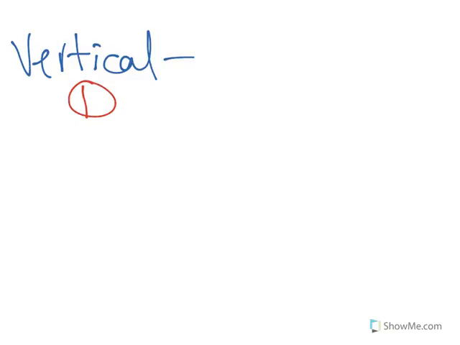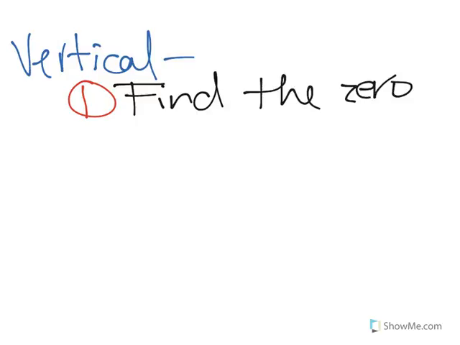A vertical asymptote is found by first finding the zero of the denominator.